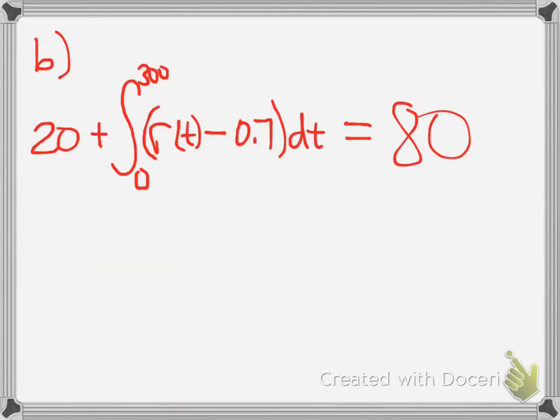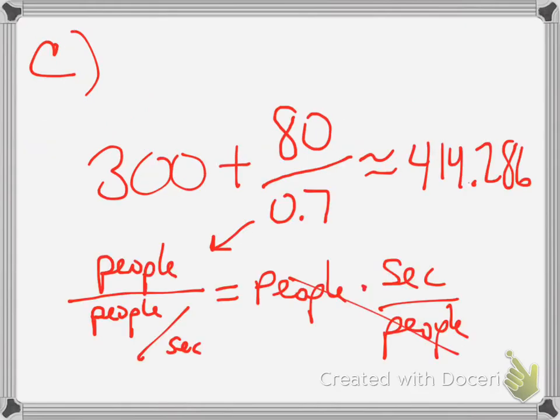So this is based on what we did actually back over here. This gave us the total number of people in line at 300, okay? Because we had the 20 people at the start, and then all the people who entered minus all the people who left, integrated, or those rates integrated, and we got 80 people at that time, okay? So we want something similar to this.